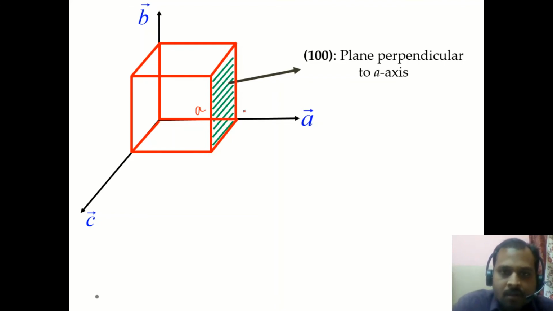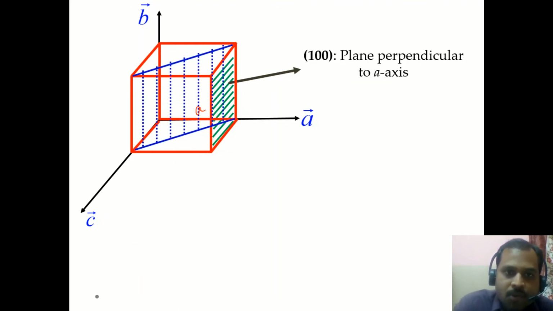Similarly, this plane is parallel to this B axis, but it intercepts the A and C axes at A and C respectively. So the corresponding Miller indices for this blue shaded plane is (1 0 1).